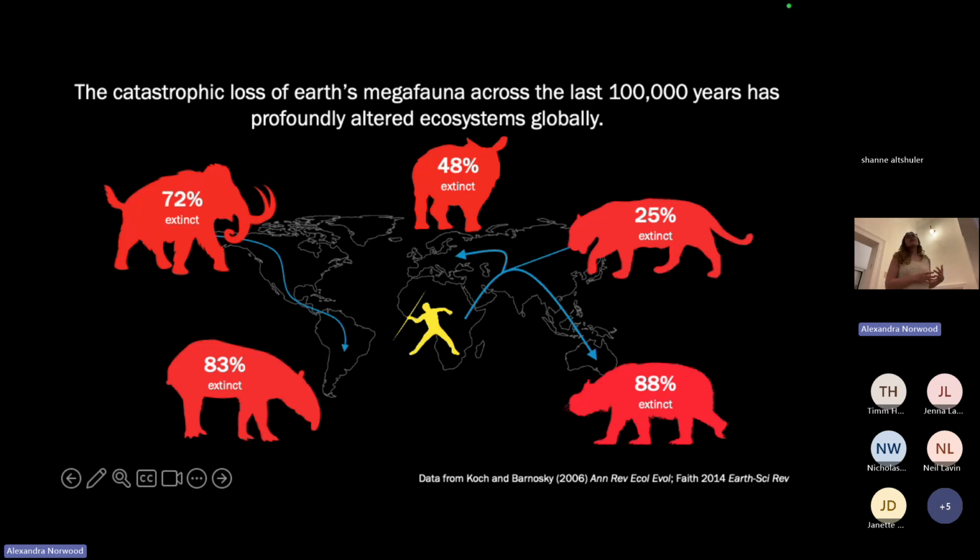This has been the case in a lot of places, with big animals going extinct right as humans arrive on the scene. So a lot of people have hypothesized that these extinctions were caused by humans, or perhaps that climate change and human activity worked together to cause these extinctions that have impacted the entire globe over the last 100,000 years.